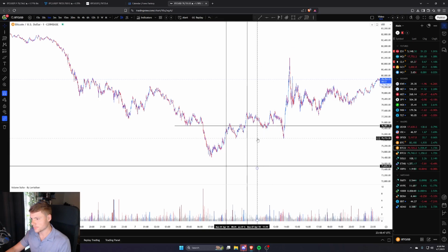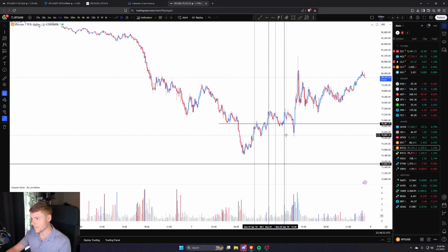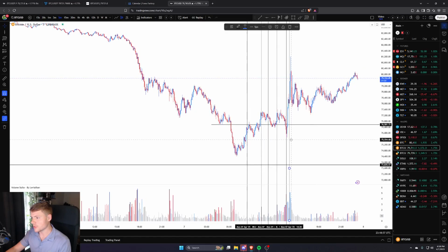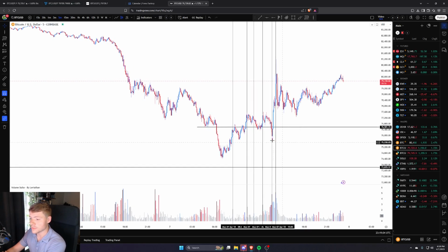Let's do all of them. It's on extremely low time frames. Let's do maybe the 5-minute, make it a little bit better. You guys will start to notice how we tend to top and bottom on these high volume candles. Not always. If we push out, sometimes it's on very good volume.